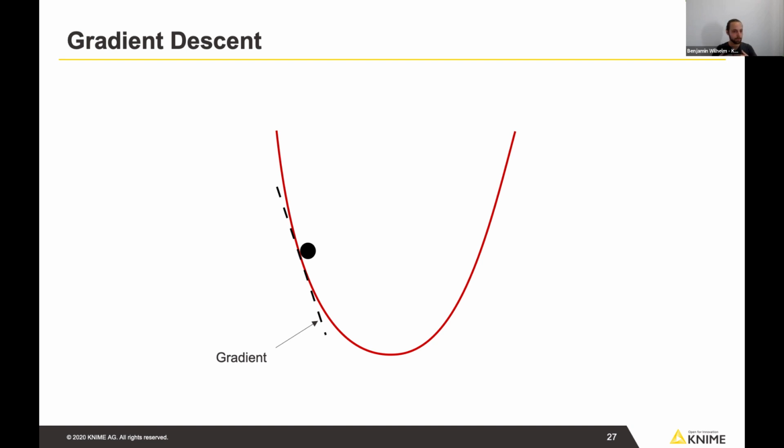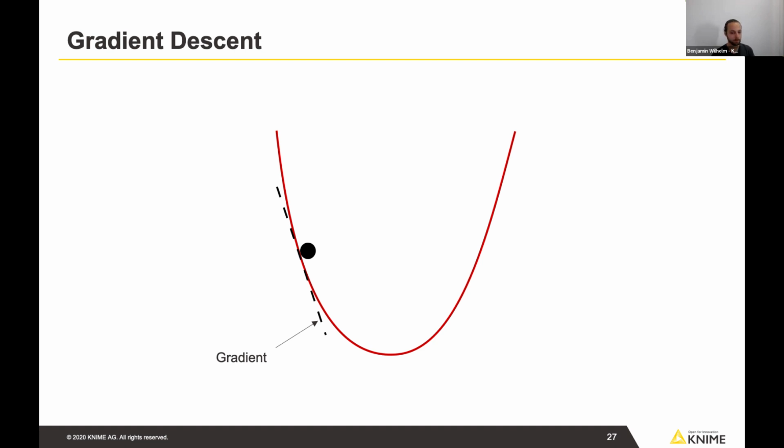So we want to change our parameters, our weights, such that our loss gets lower and our model does what it's expected to do. And this is done with the gradient descent algorithm. So here we have an example. The loss function is the red function, and we have just one parameter on this x-axis. In the beginning, this parameter or weight is initialized randomly, so we are somewhere on this function.